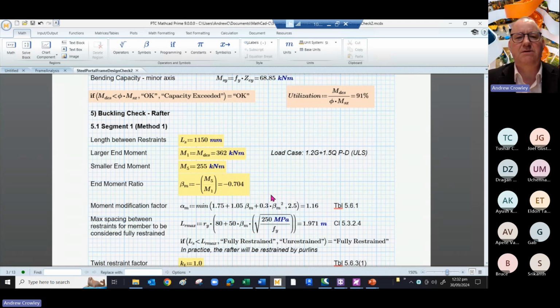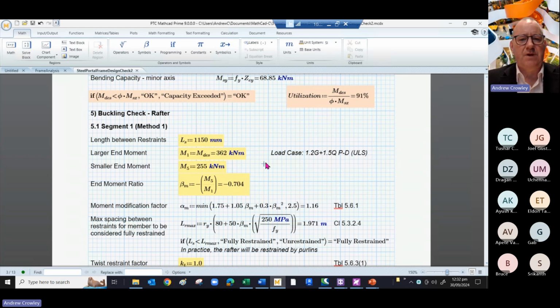So you've got a 20-meter long rafter, but you want to divide it up. Conveniently, we have purlins at regular intervals, and the little trick is to double or halve the space between the purlins at the eaves and the apex, and that halves the effective length that's unrestrained.